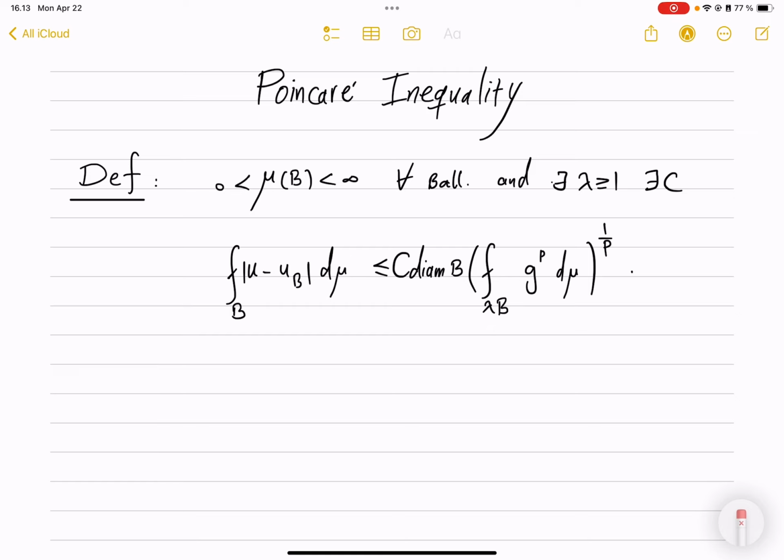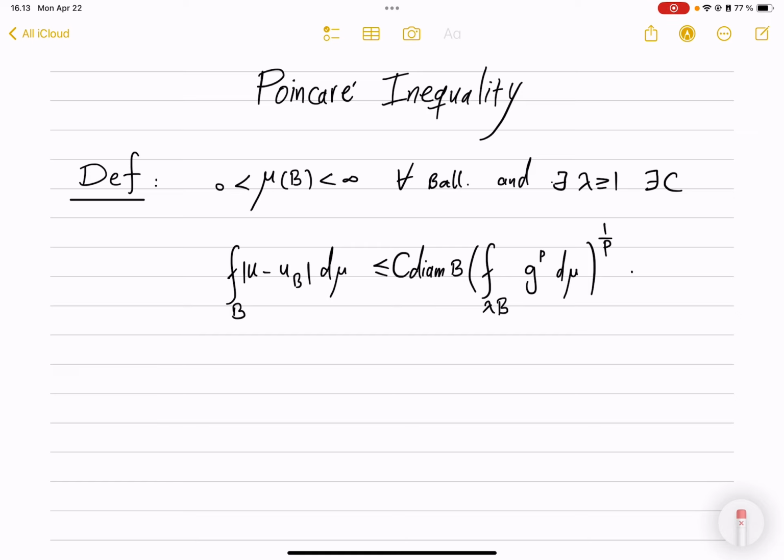Let's recall that we say a space, a metric measure space, satisfies a Poincare inequality if all balls have finite and positive measure, and then for every function u that is integrable over balls, this is enough. We can just also say it's locally integrable.